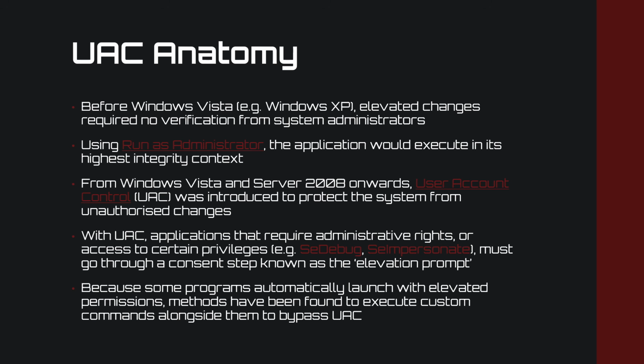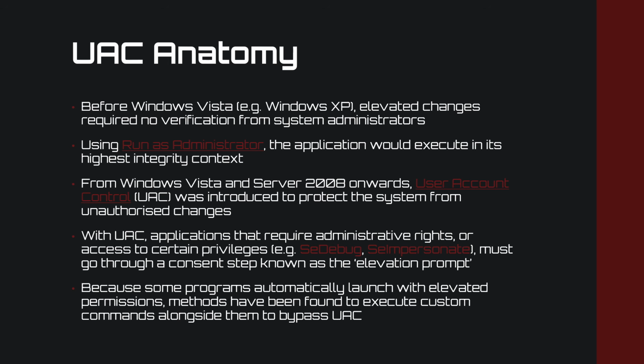So for example, with Windows XP, if an administrator wanted to execute, say, command prompt, that session would run with full administrative privileges by default. And although this might seem valid, given that the user was an administrator after all, this meant that compromising the local administrator account granted complete and unrestrained access over the system.